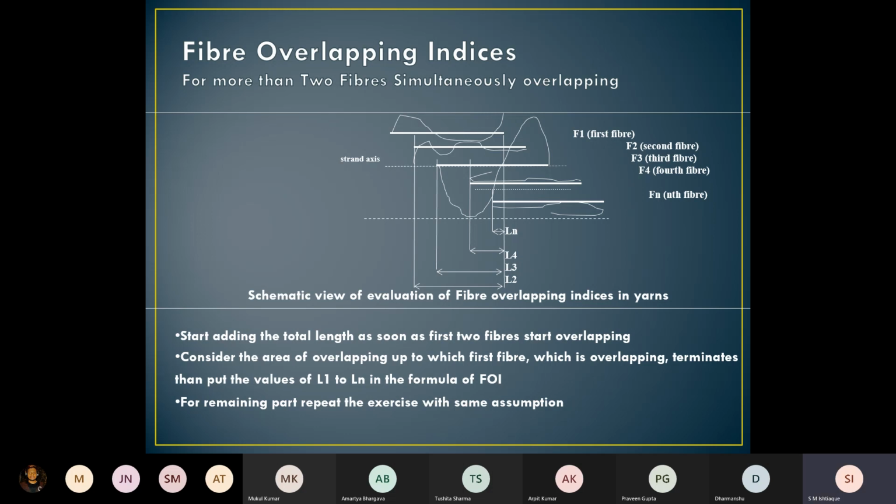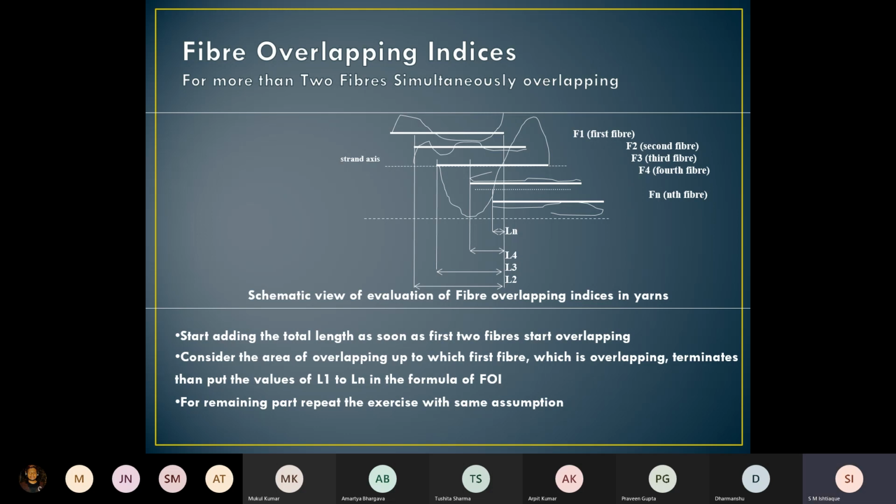Like that, I have a fiber 4. This is a different configuration it is taking. So the overlap length of this particular fiber with respect to fibers 1, 2, 3 is this length. Like that, I can go on to n number of fibers which you have in a yarn.